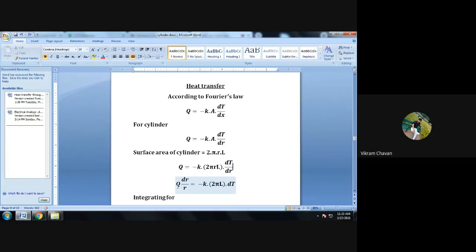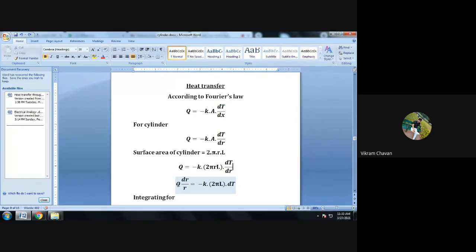So we will get the equation Q multiplied by dr divided by r is equal to minus K multiplied by 2 pi L multiplied by dt. Now it will be easy to integrate the equation.